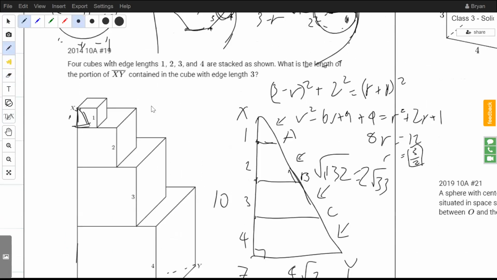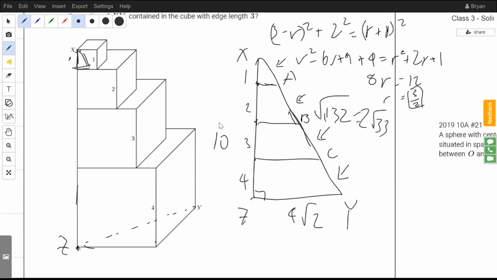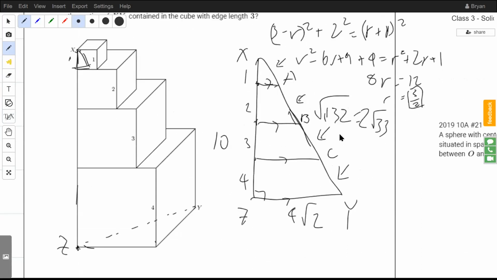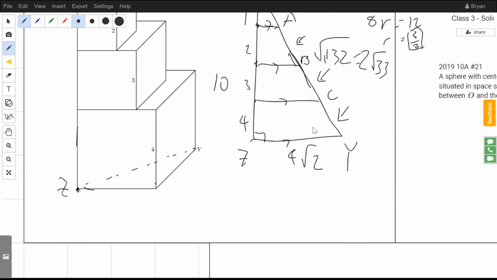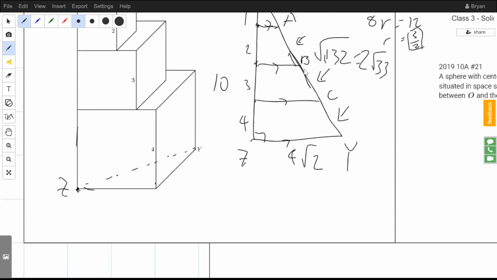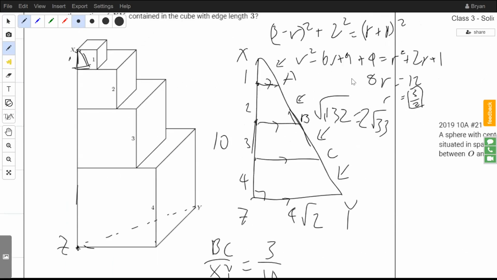Although this might be skipping some steps, basically, we know that each of these lines are parallel to the base. I believe it's called the side splitter theorem, although this is a bit more of an application of it. Where we can just directly say that this length BC over XY is just going to be equal to 3 over 10. And why do we know this?